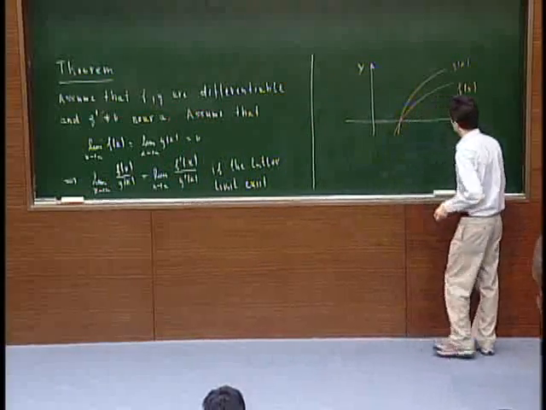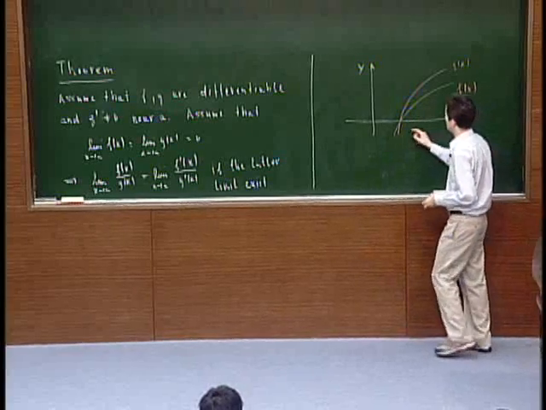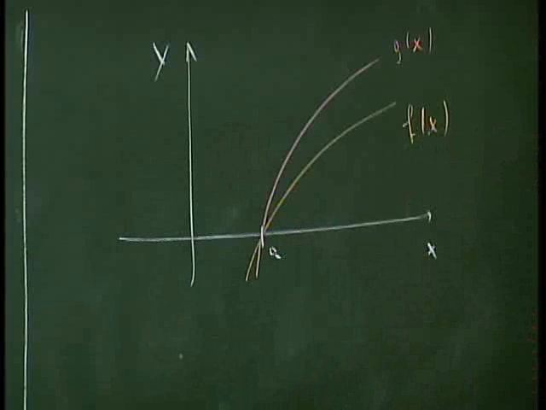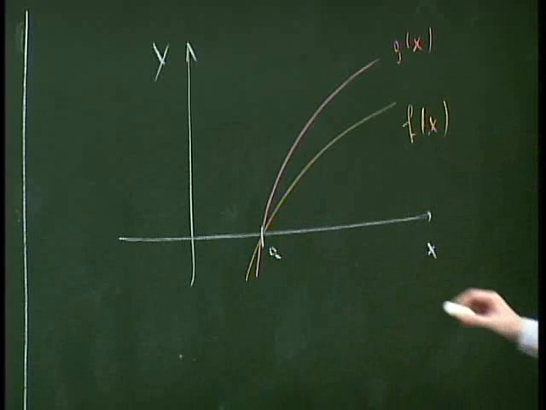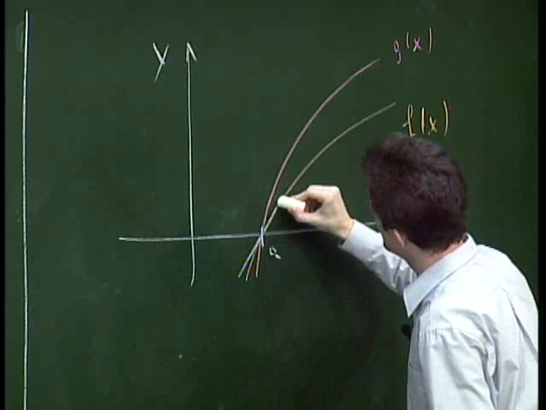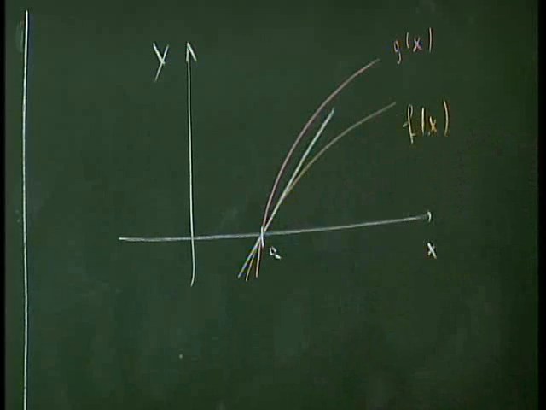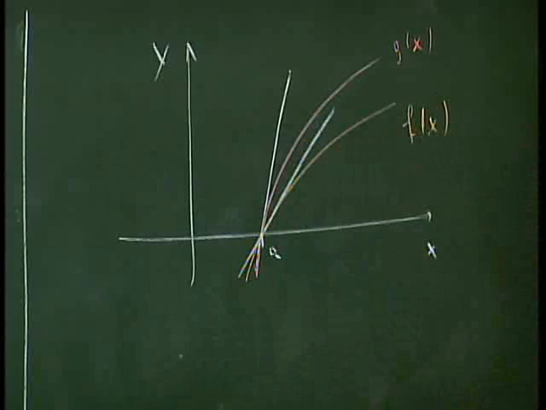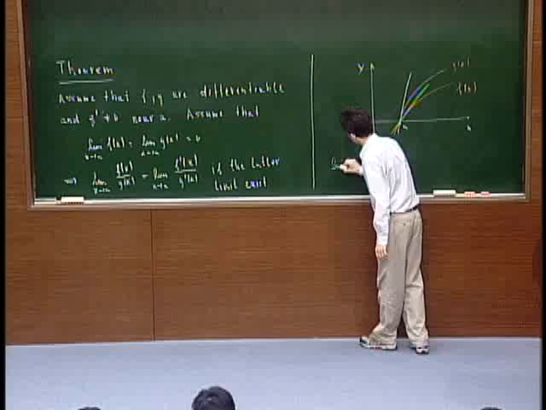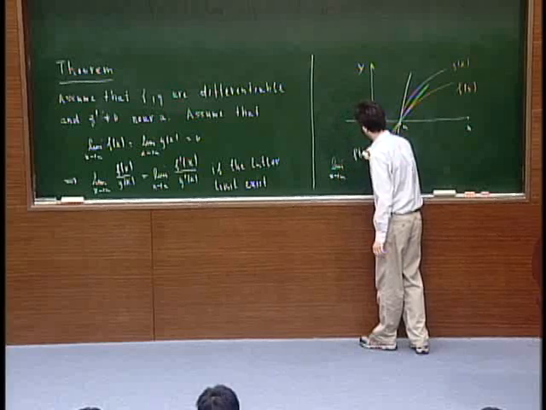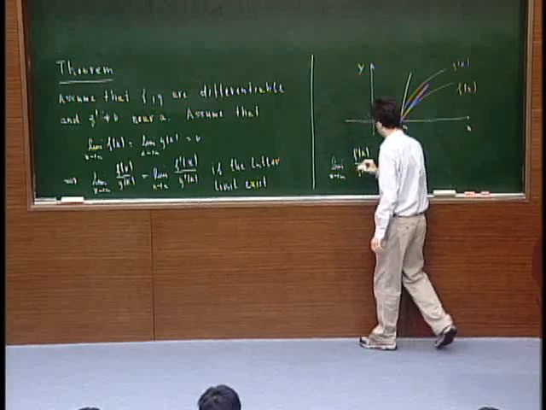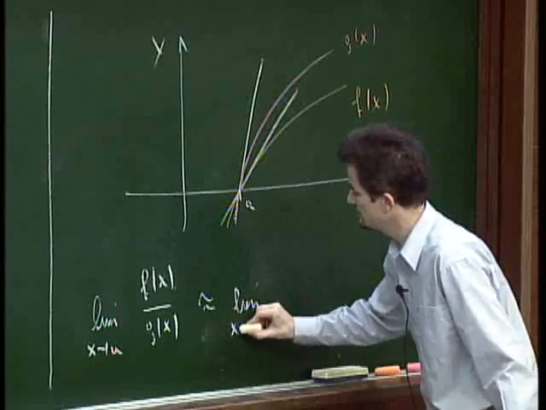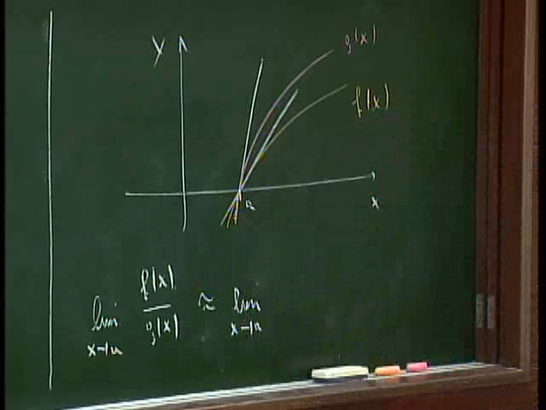But if we look at this situation, then you see, okay, as you zoom in, as x is getting closer and closer to a, the two functions should look more and more like the tangents. So you have here a tangent to the function f of x at the point a, and you have a tangent to the function g of x at a. And if you want to compute the limit x tends to a, f of x over g of x, this should be roughly similar to the limit where the two functions are replaced by the tangents.